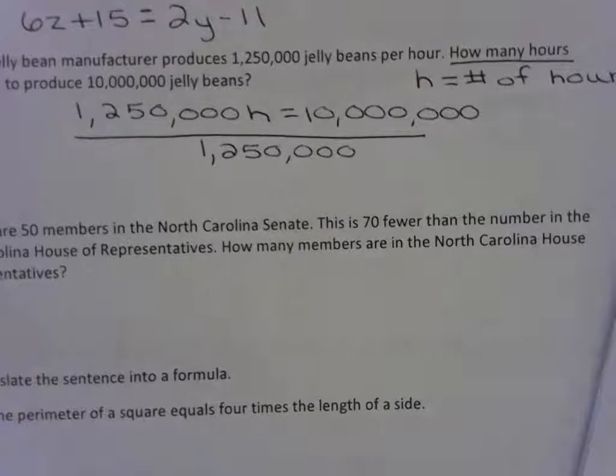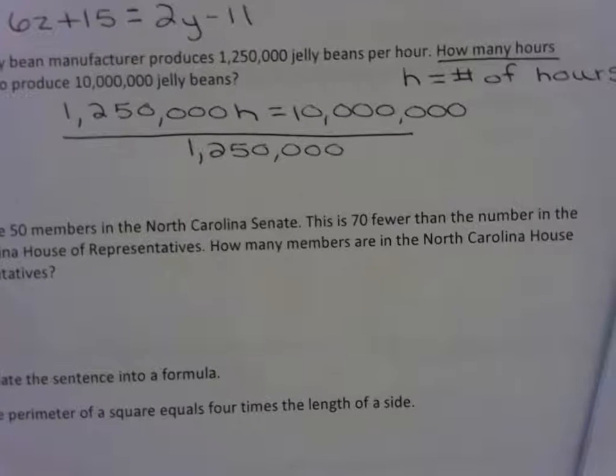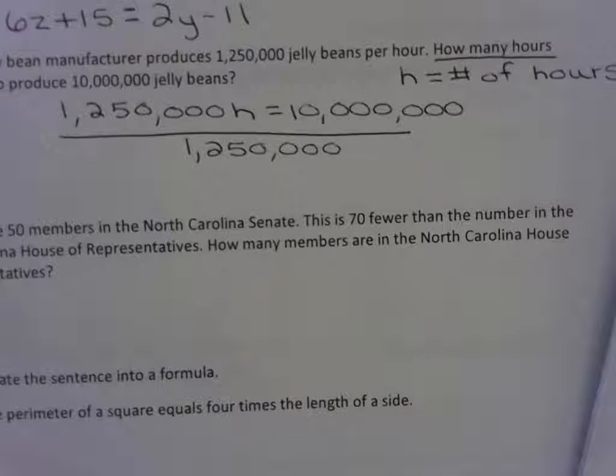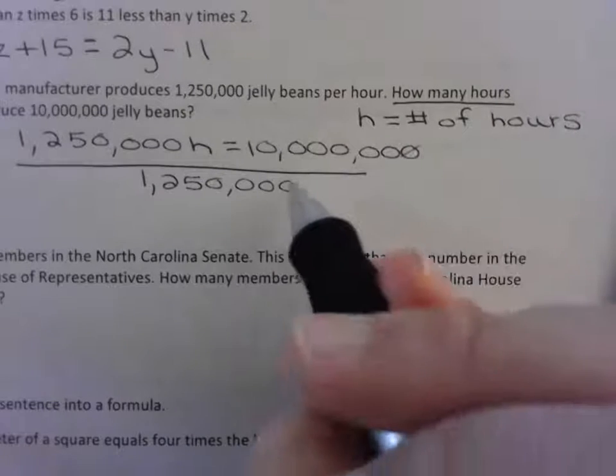Now, we can use a calculator for this, but what shortcut can I use so I don't have to type in so many zeros? Easier than that. We can just cancel out zeros.